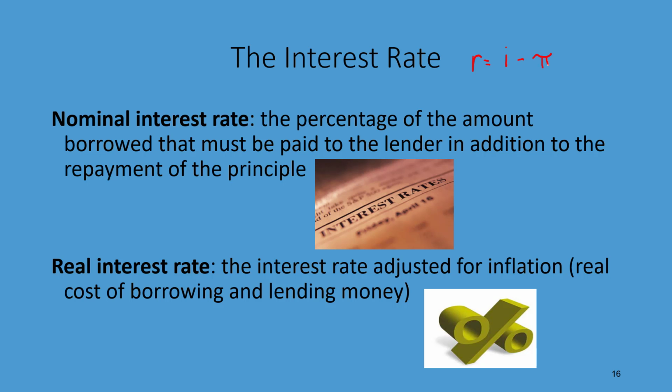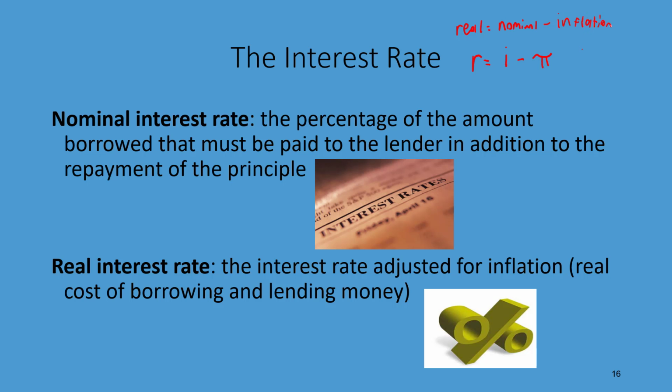That r is our real interest rate. That i, or lowercase i, is our abbreviation for the nominal interest rate. And that symbol pi there doesn't mean 3.14 like it means in most math classes. What it means in economics is inflation, simply because we're already using i for nominal interest rate.